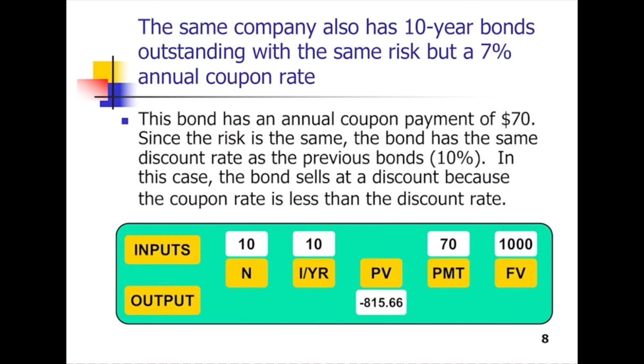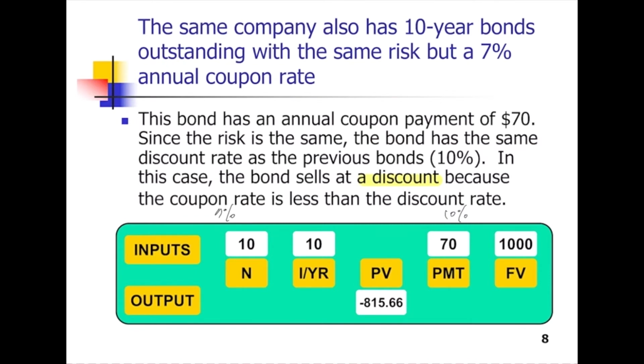Since the risk is the same, the bond has the same discount rate as the previous bonds. So in this case, the bond sells at a discount because the coupon rate is 7%, which is lower than the discount rate. The discount rate is 10%, right?